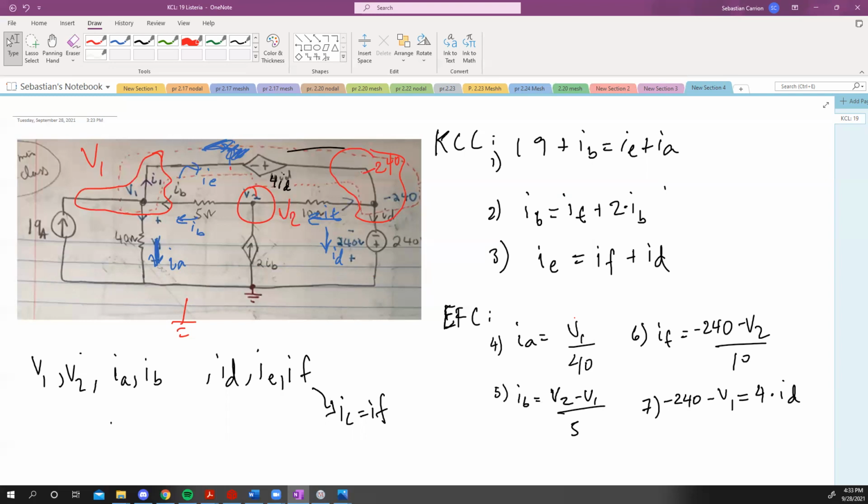So then the source transformation would have been, no.